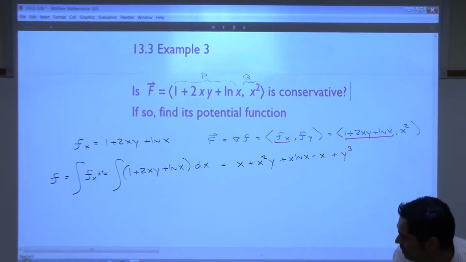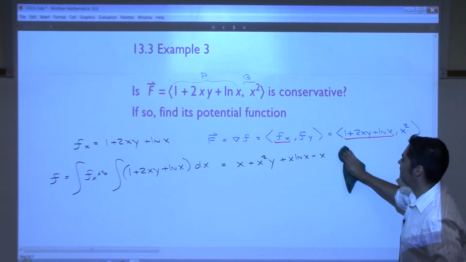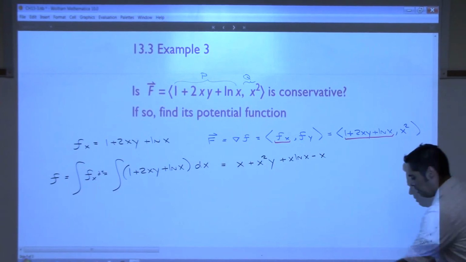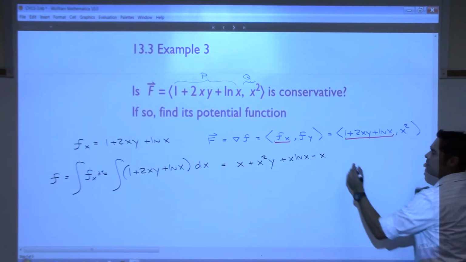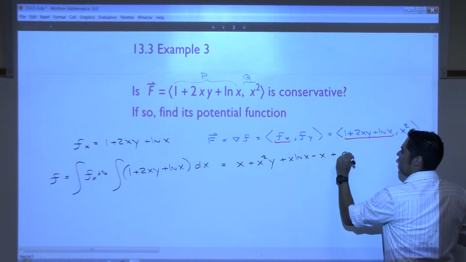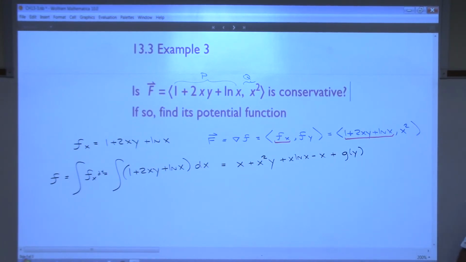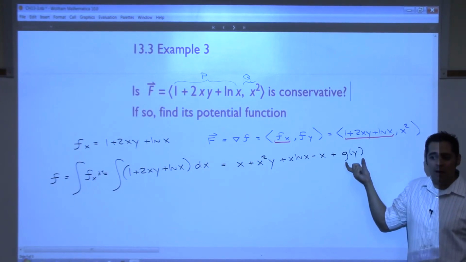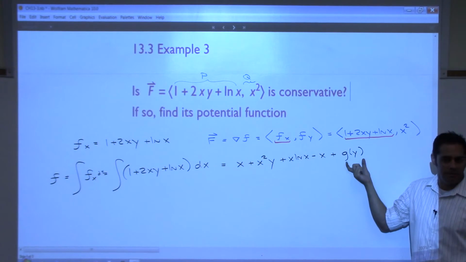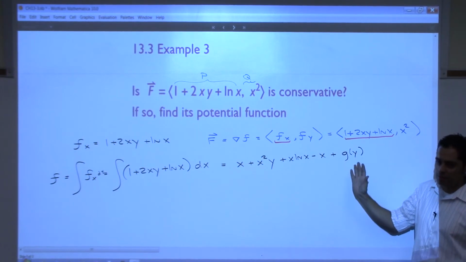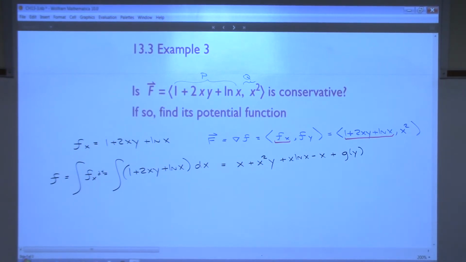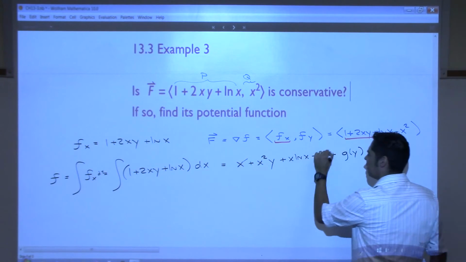So instead of saying we have a constant of integration, we actually have a function of integration. And here's what I can tell you about that function. If it has anything in it that's worthwhile, it's going to have y in it. It may turn out that this doesn't have a y in it, but it could. Understand this? Sure? Okay. Now, I did see some x's cancel here. Did anyone see that?